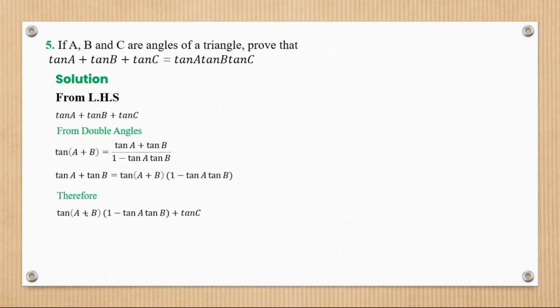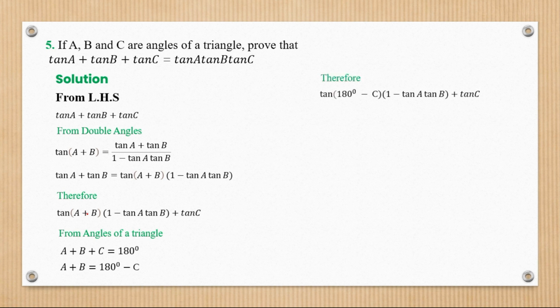Alright, so next we know from the angles of a triangle that A plus B plus C is equal to 180. That means A plus B will be 180 degrees minus C. So when we substitute that into our equation where there is A plus B, we end up with that. But now from the rules of double angles, when we expand tan(180 degrees minus C), it becomes (tan 180 degrees minus tan C) over (1 plus tan 180 degrees tan C).